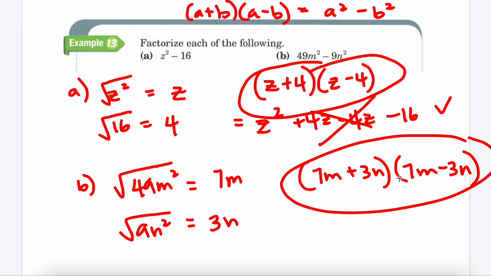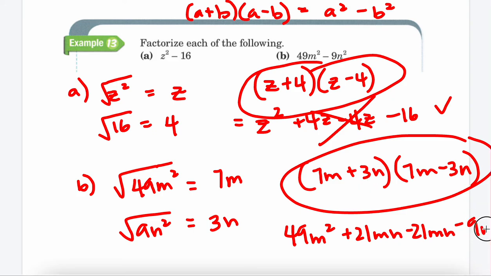Okay, so you'll have 7m times 7m, which is 49m squared. You'll have a plus 21mn, and then you'll have a minus 21mn, and then a minus 9n squared. So then at the end you are left with 49m squared minus 9n squared.